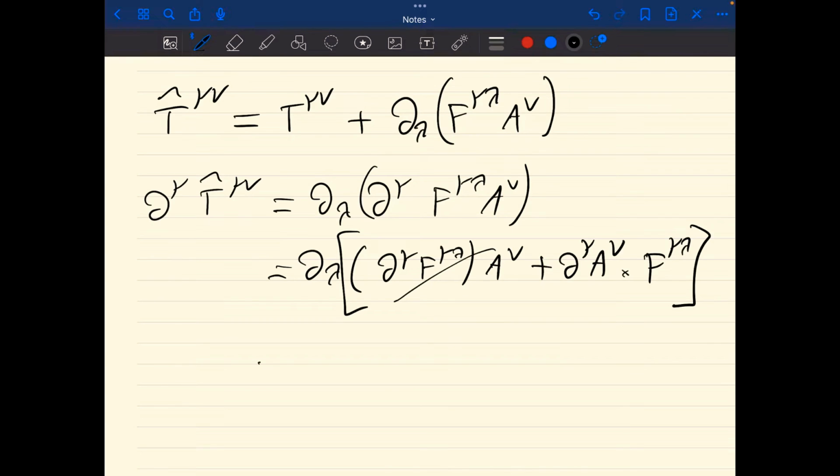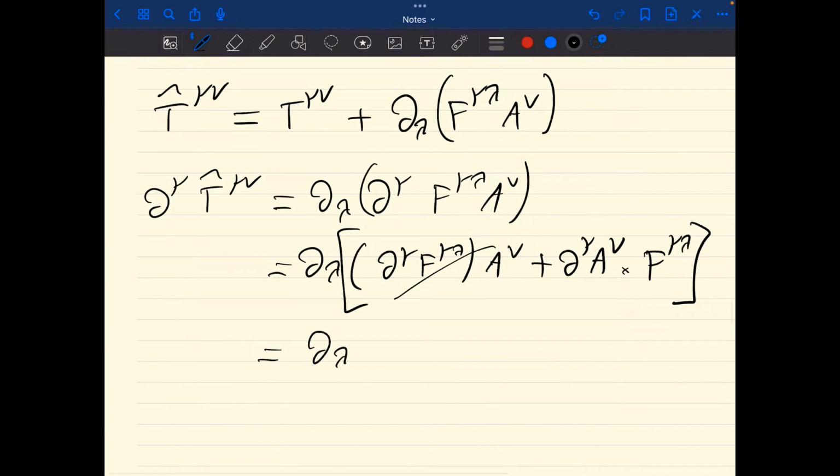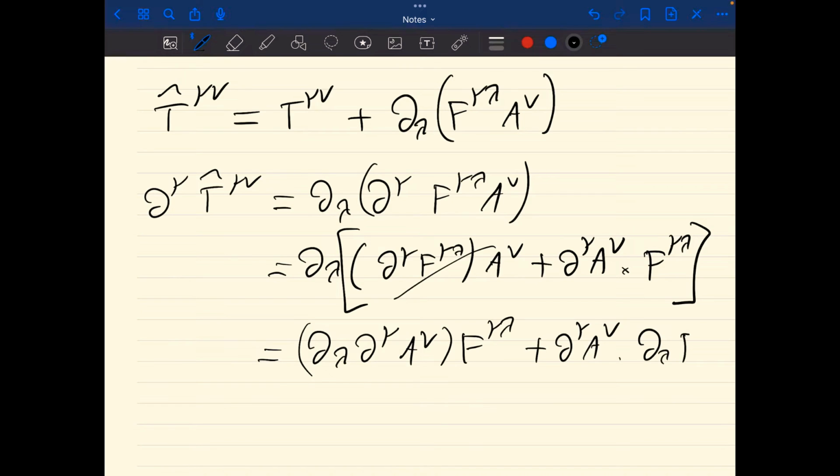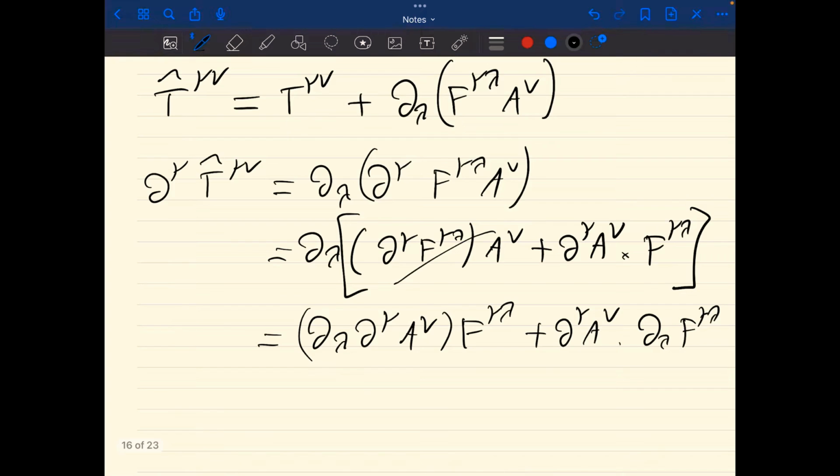And the second part here, so let me write that a bit better. Okay, let's actually compute the derivative, A nu. So F mu lambda plus mu A nu lambda F mu lambda. So the second term vanishes, that's also Maxwell's equation.